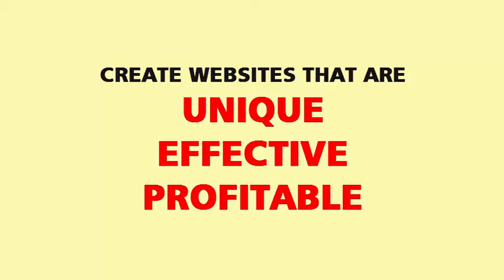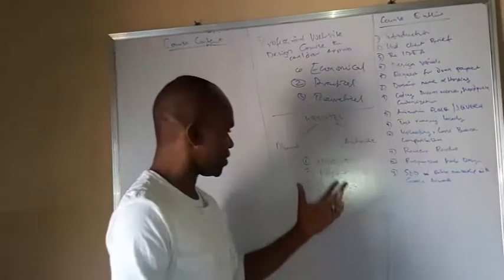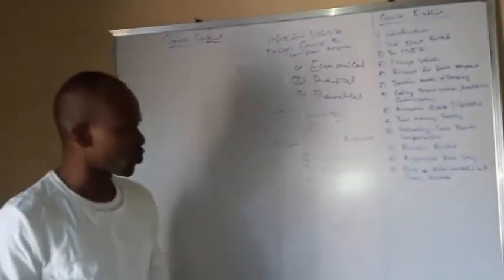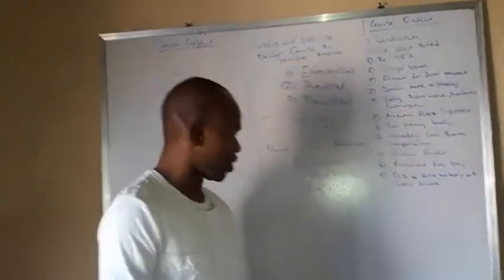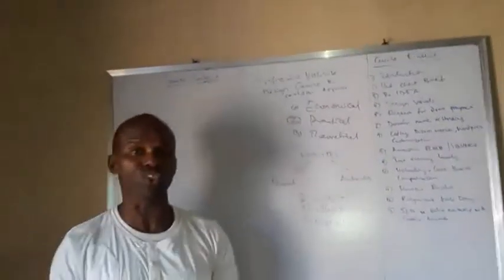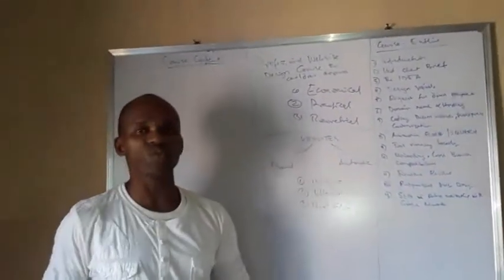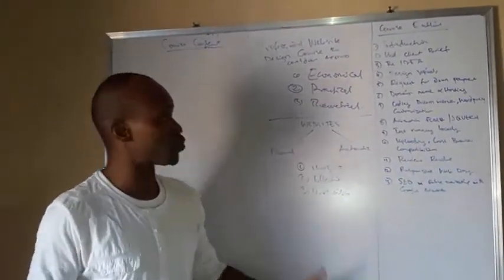So these are the 3 critical areas we want to look at. We want to create a unique website, an effective website, and we want to create a profitable website. As we move along, we're going to be looking at the tools that we need to ensure that we get this cracking as we move along.